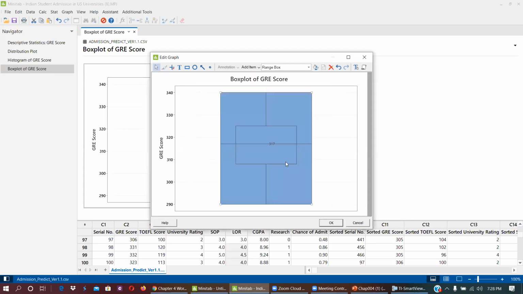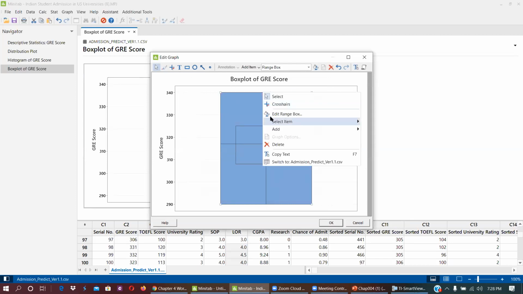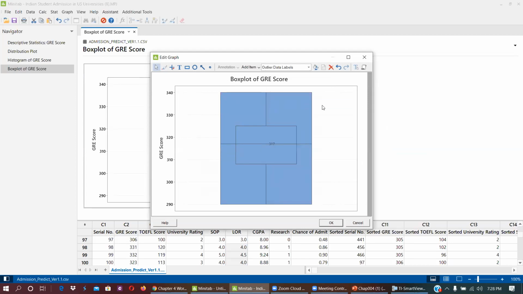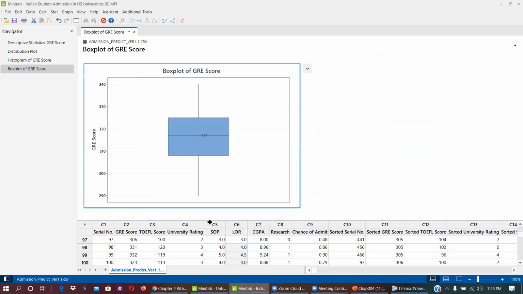So basically we can do all the levels here. There's some option, outlier. So you can do that. I'm not showing everything, but here this is the 5 number representation.